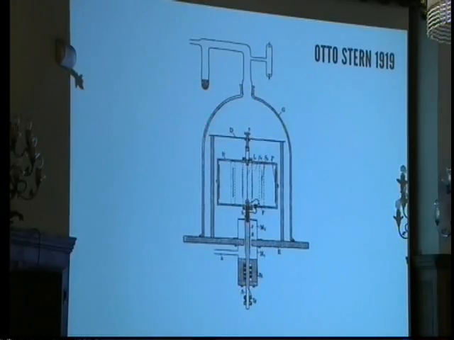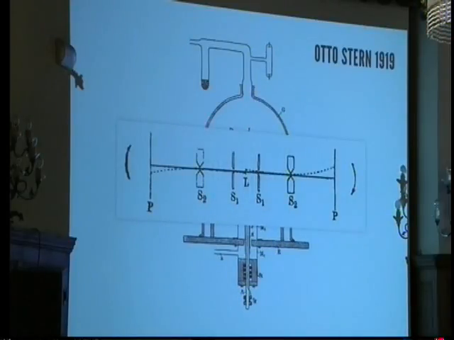If we look at this experiment from above, in the middle he had a filament and he produced a beam of silver atoms. They could pass through 2 slits, and due to the rotation of the whole experiment, he could measure the displacement of this beam, and in this way he could determine the mean velocity of this beam.